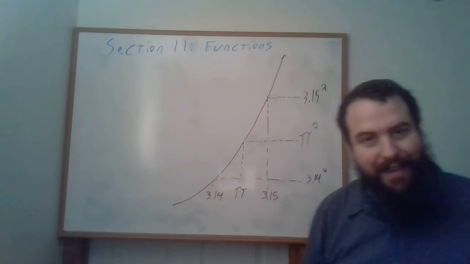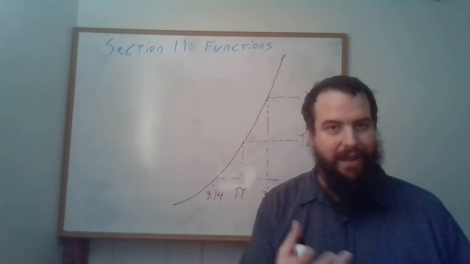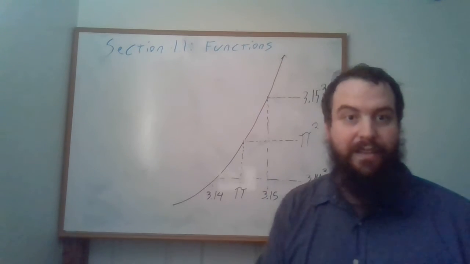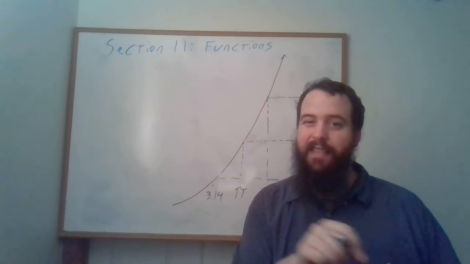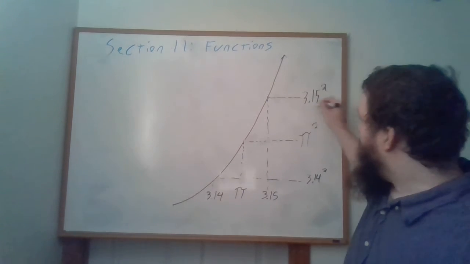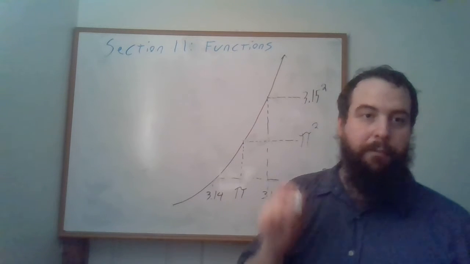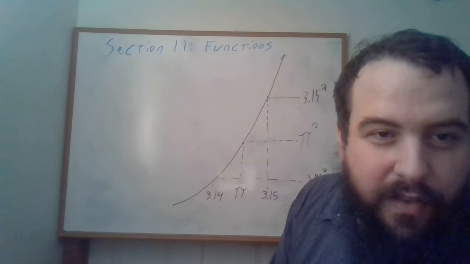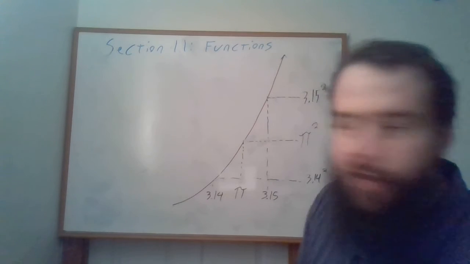Now, I'm lazy, so I have already gone ahead and plugged these into a calculator. But again, appreciate that you could do this without a calculator. You could calculate 3.15 squared by hand, and that is 9.9225.